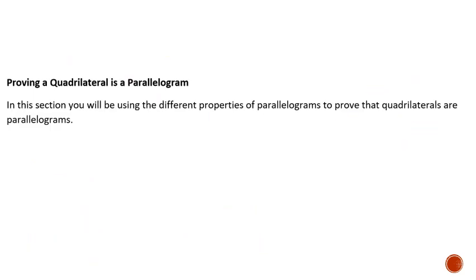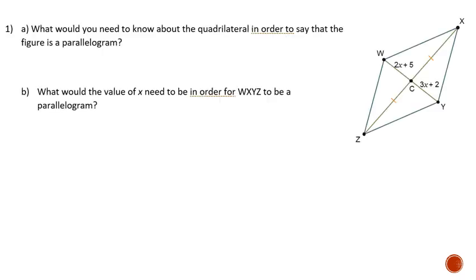The next topic we'll be talking about within this section will be how to prove a quadrilateral is a parallelogram. So we'll be using the different properties of parallelograms in order to prove that these quadrilaterals are in fact parallelograms. So in order to say that this quadrilateral is a parallelogram, we need to talk about the properties.